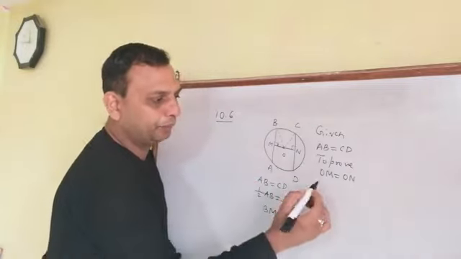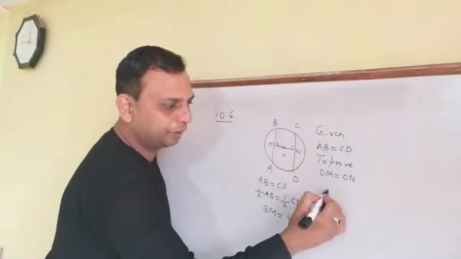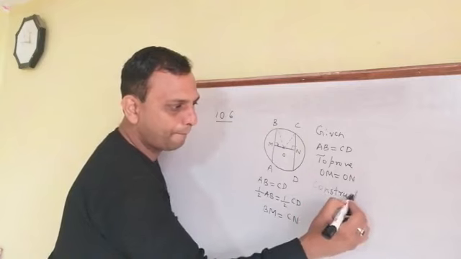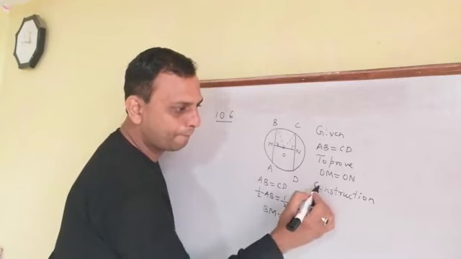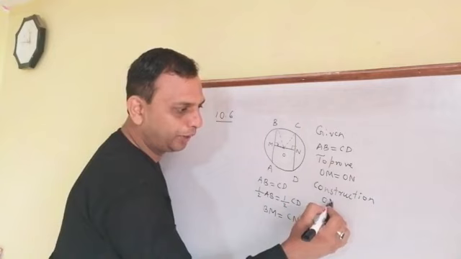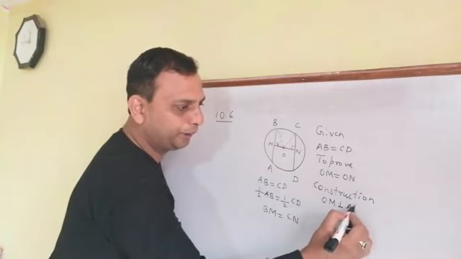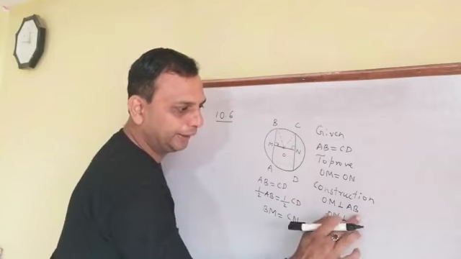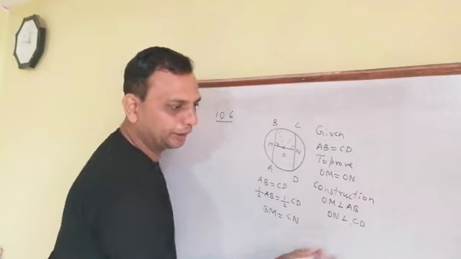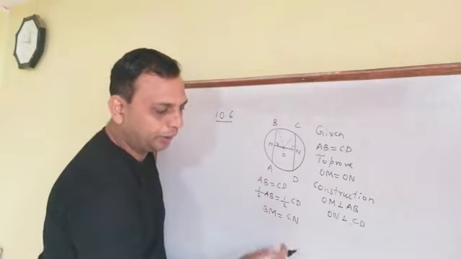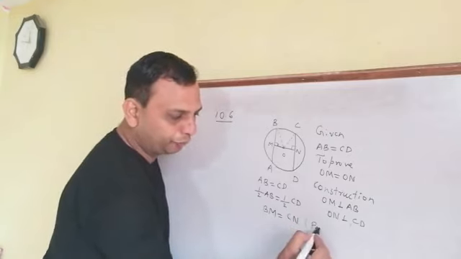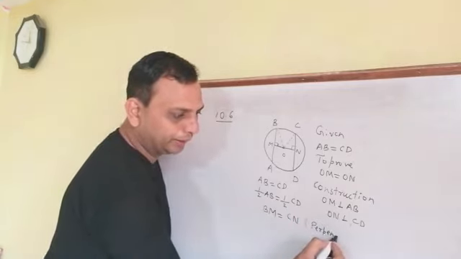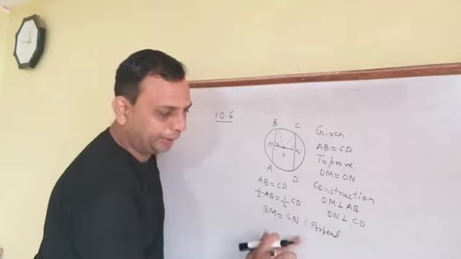So in construction you can write: OM is perpendicular to AB and ON is perpendicular to CD. This you can write in the construction. So this will come equal, and we can write here: perpendicular drawn from the center of the circle bisects the chord. That you have to write here.